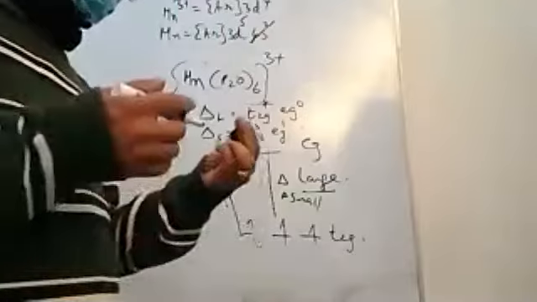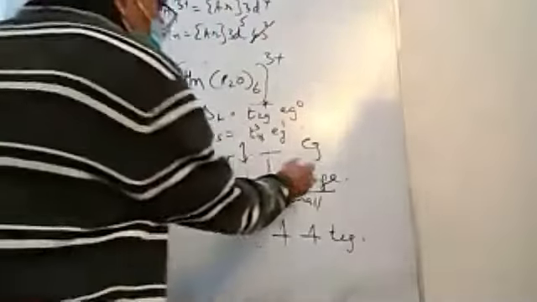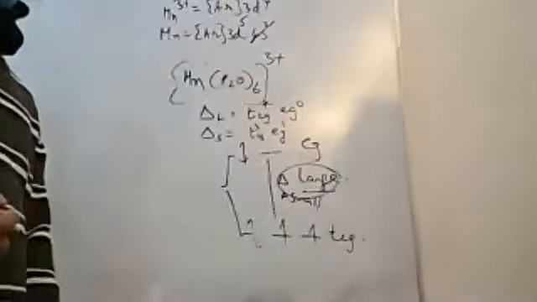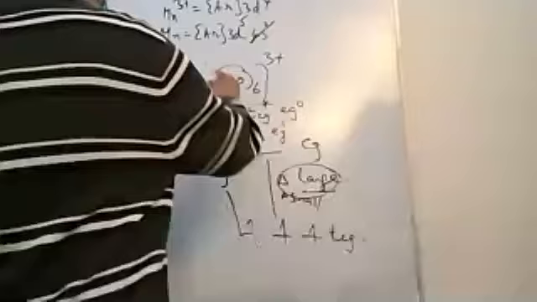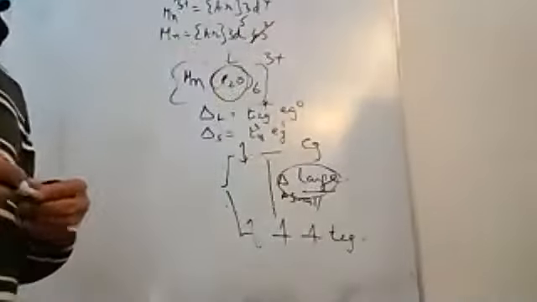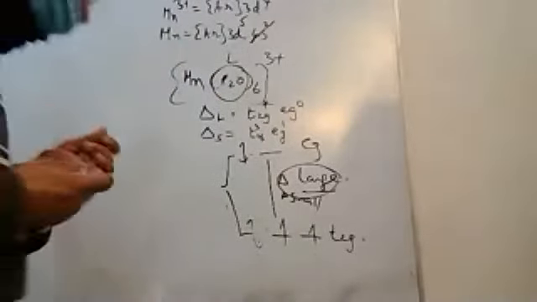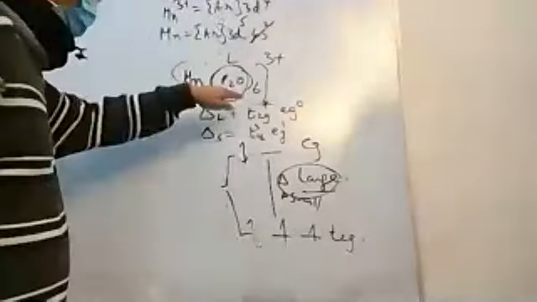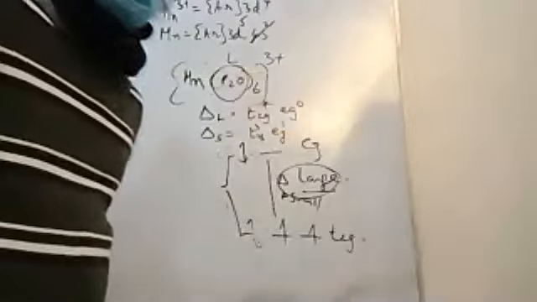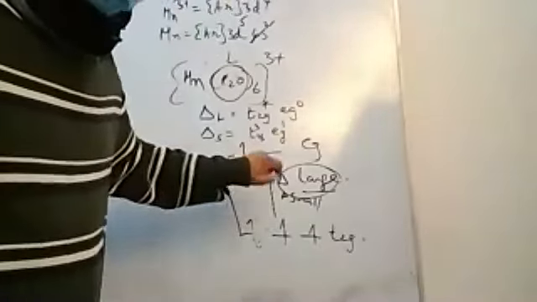So what people have found is this splitting, whether it is large or small, depends on the ligand. Some ligands produce very large splitting. They're called strong field ligands. And some produce a very weak field, which means the splitting is not really huge.